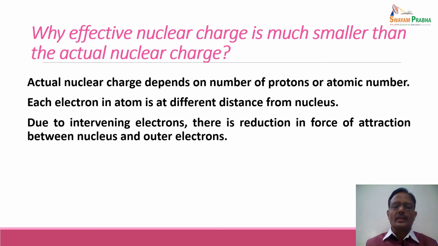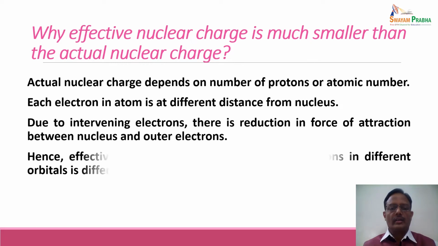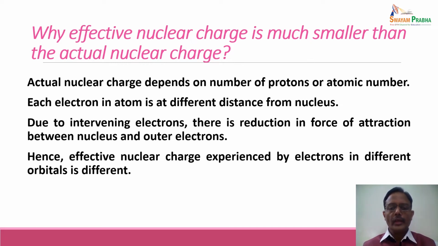What these intervening electrons do is act as a shield from the nuclear force. This leads to what is called the shielding effect, and this shielding effect reduces the effective nuclear charge. As a result, the effective nuclear charge experienced by the electrons is different in different orbitals.